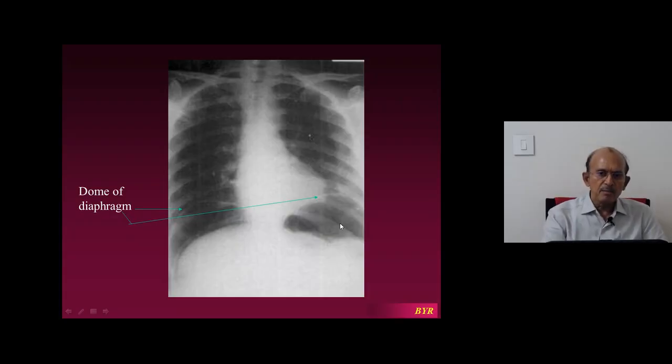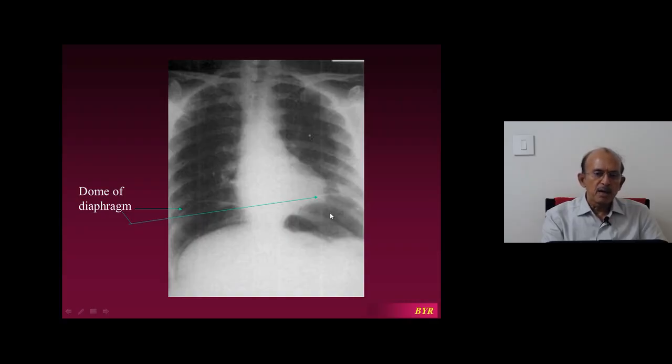This is another X-ray showing a large air shadow. So this is the dome and this much air is there. That means it's a very big perforation. You should look mainly on the right side because normally on the right side there is no air shadow. On the left side, there will be an air shadow due to the fundal gas.